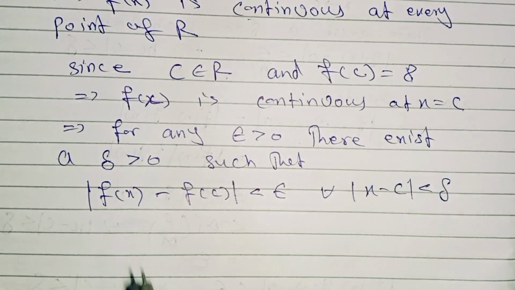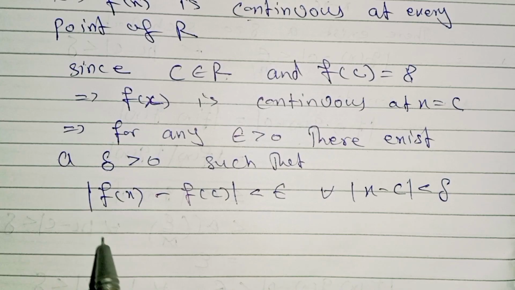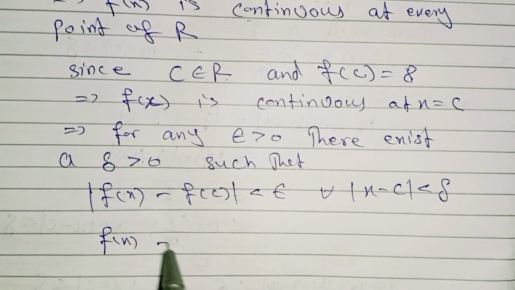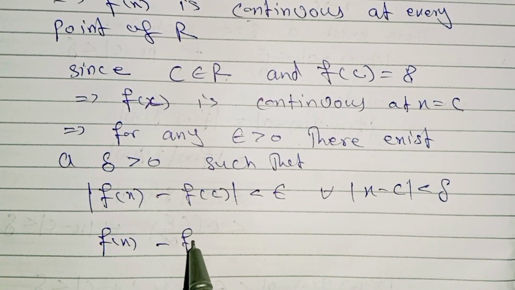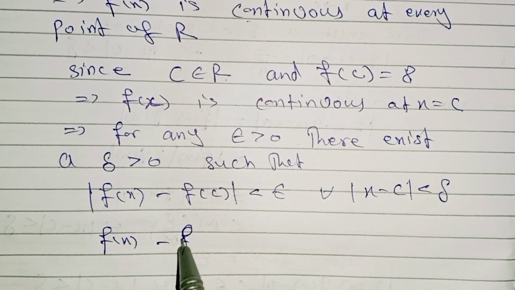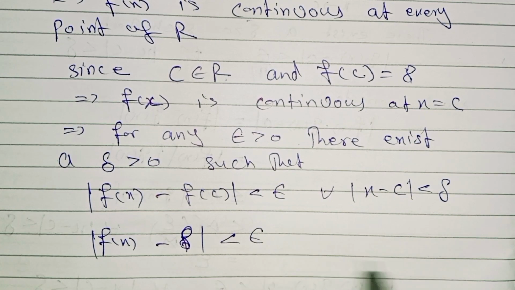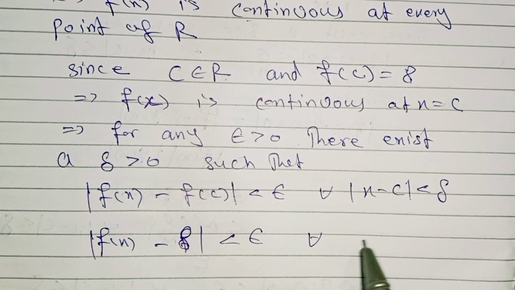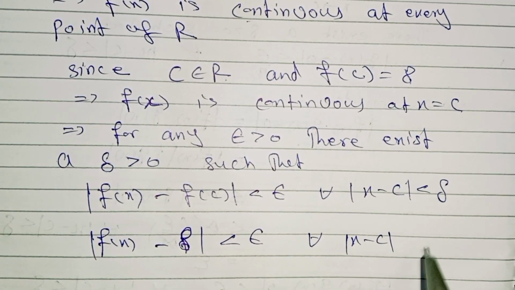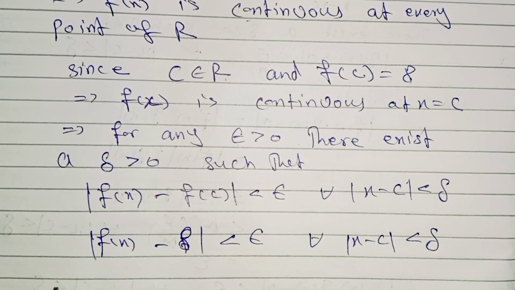Since given that f(c) is equal to 8, we can write |f(x) - 8| is less than epsilon for all |x - c| less than delta.